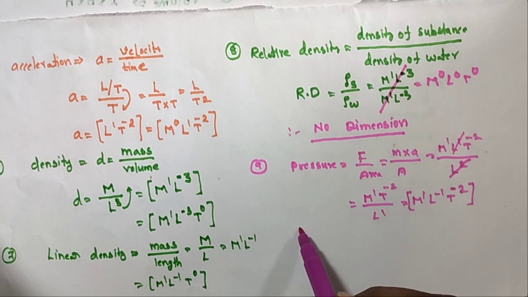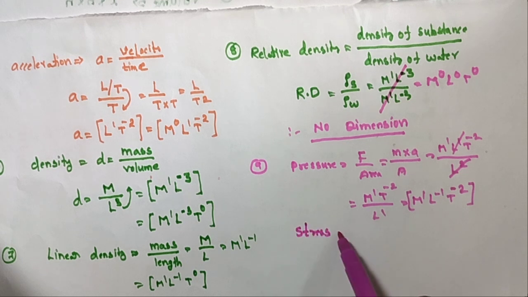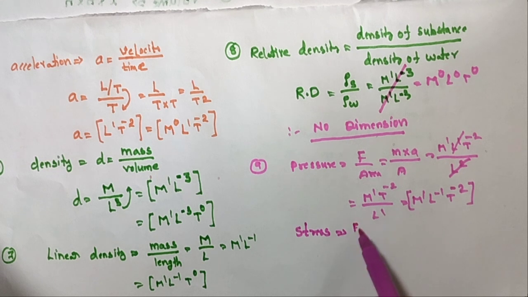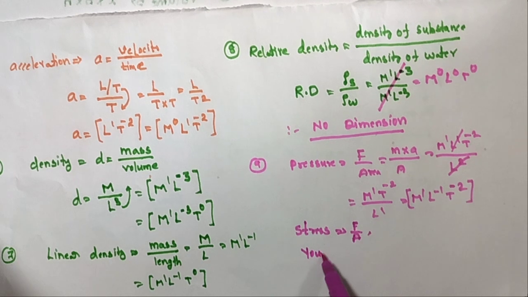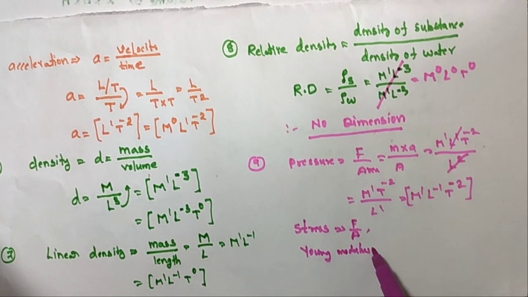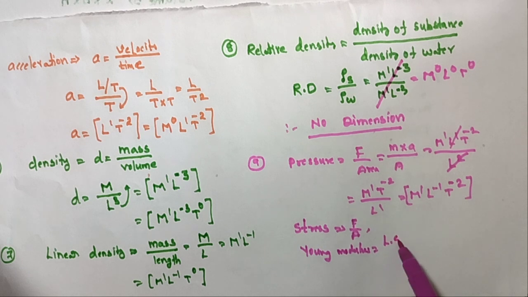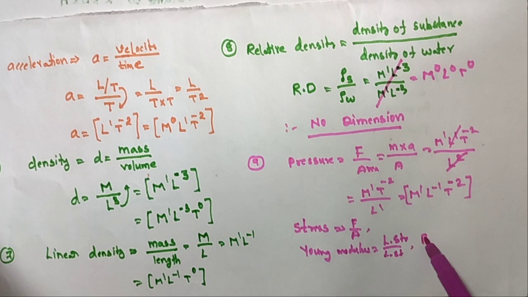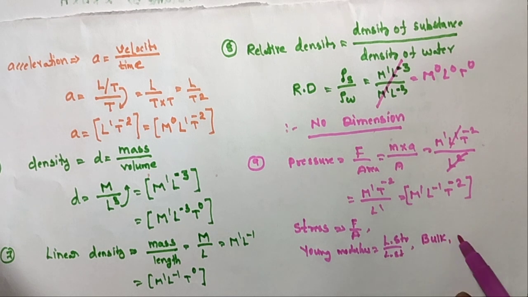The same thing for stress. Okay, stress. The stress is equal to force per unit area. And Young modulus is equal to longitudinal stress by longitudinal strain, and also bulk modulus and rigidity modulus.